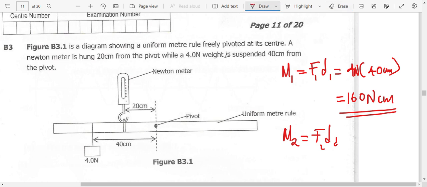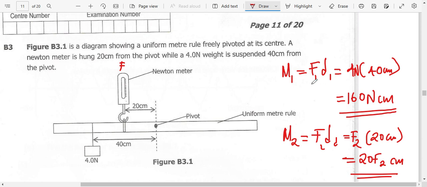Whatever force the Newton meter is reading, that's what we are calling F2, multiplied by the distance of the Newton meter, which is 20 centimeters. So this is going to give us 20 F2 centimeter.